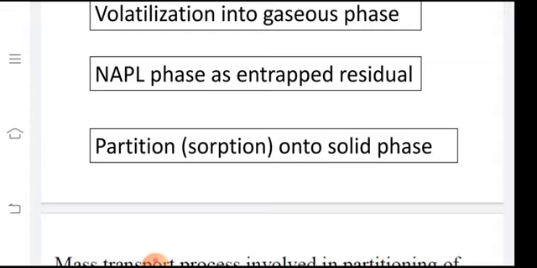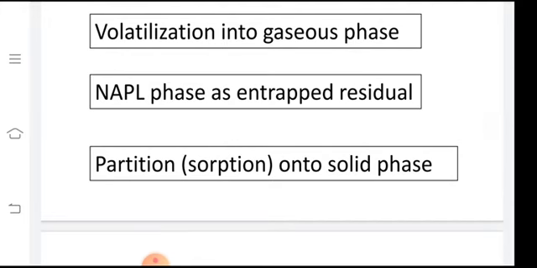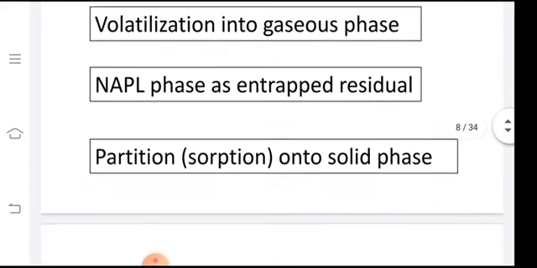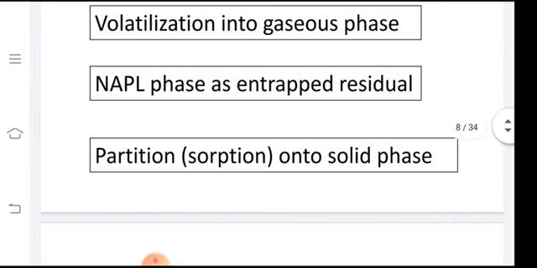So if we talk about this partitioning coefficient Kd, partitioning relates to retardation of the contaminant movement. Kd is the partitioning coefficient. This Kd describes the degree of sorption of a particular species in the leachate or in the rock that is in contact with a solid particle.